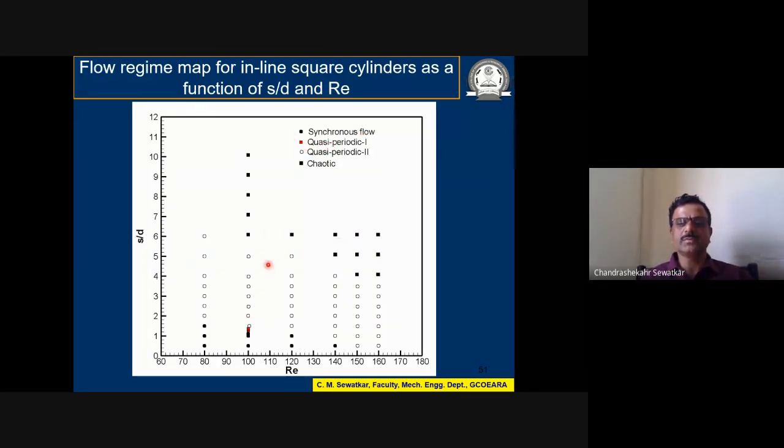The rest of all behaviors are the synchronous flow, which is shown by the filled dark black symbol. For very low spacing, we obtain synchronous flow. But flow is substantially quasi-periodic 2 in nature, and it is chaotic at high Reynolds number and high spacing especially.